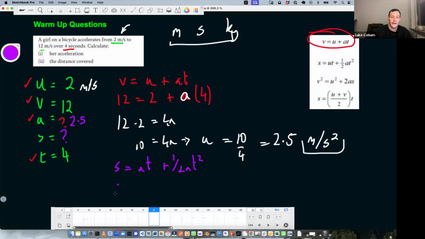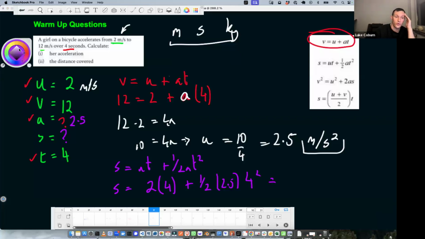So s is equal to 2 times 4 plus a half times 2.5 times 4 squared, and then we just work that out, okay? Again, that's an equation and it has one unknown, so we know that we can solve it. If we had two unknowns in the same equation, then we can't solve it with one equation; we would need a second equation, but that'll come up later.